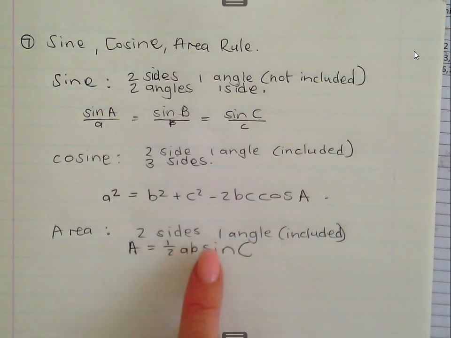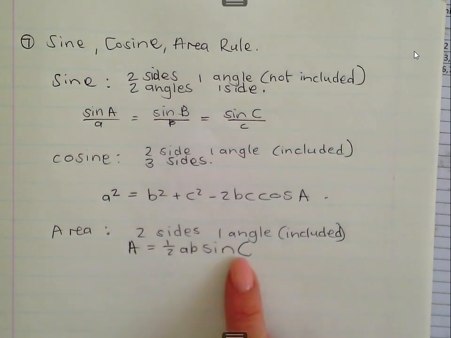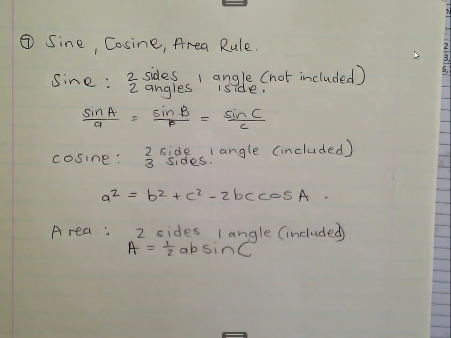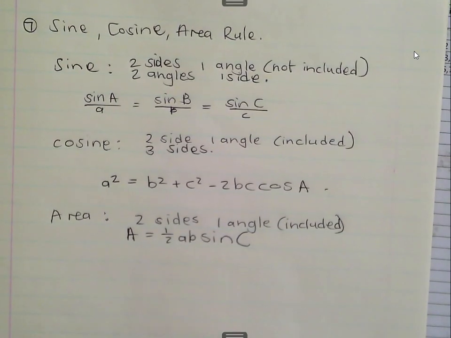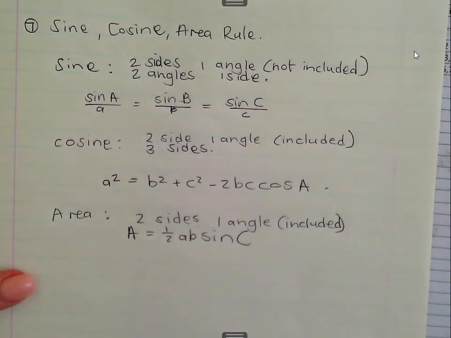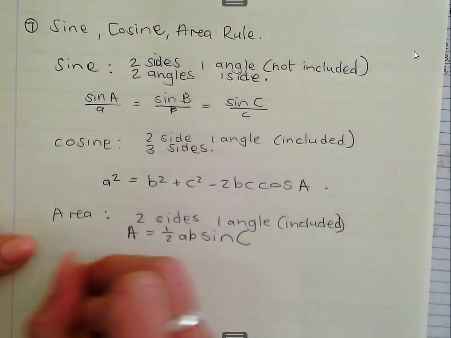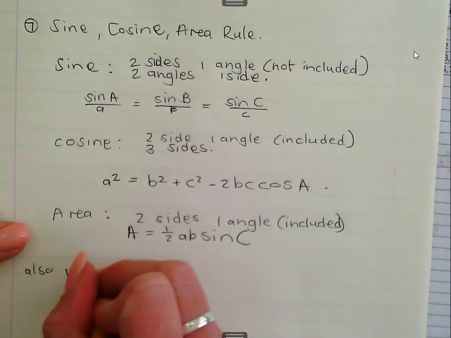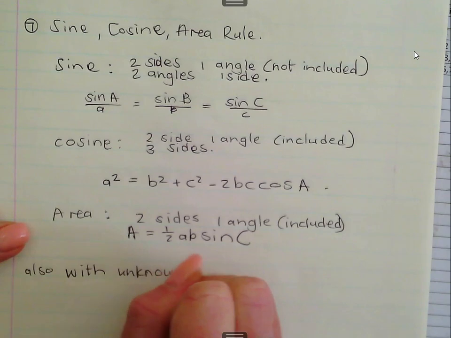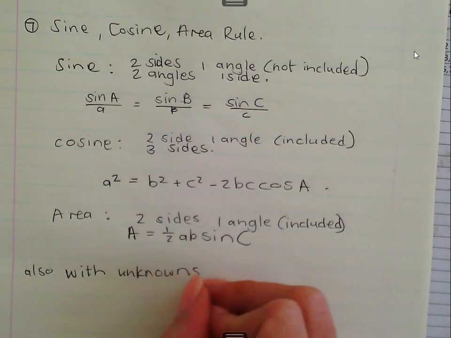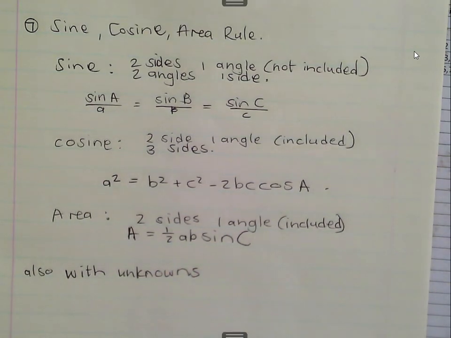If it's bc, it's sin A. If it's ac, it's sin B. And then with these three, you must also be able to work with the unknown values. You must do sine, cosine, and area with unknowns. And that is that. As I said, don't forget the graphs as well, the functions. I just didn't write it down here because our time is up.